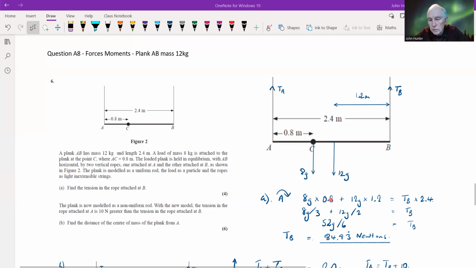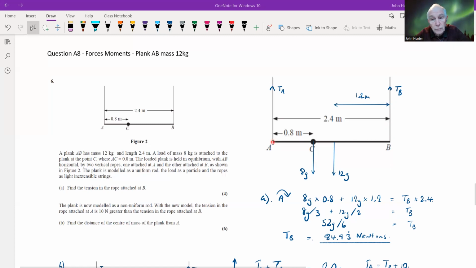That's 8g times 0.8. We've also got this 12g acting at the center point, 1.2, so it's 12g times 1.2. And then the anti-clockwise moments, and these must be equal because it's in equilibrium, is going to be this force of TB times the distance at which it applies from our reference point A.